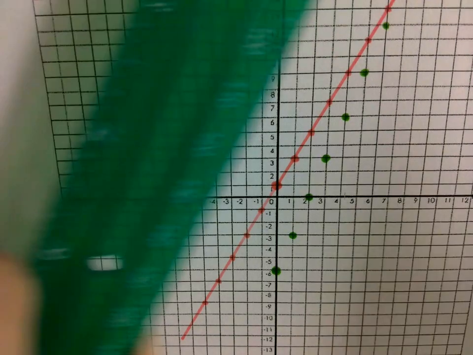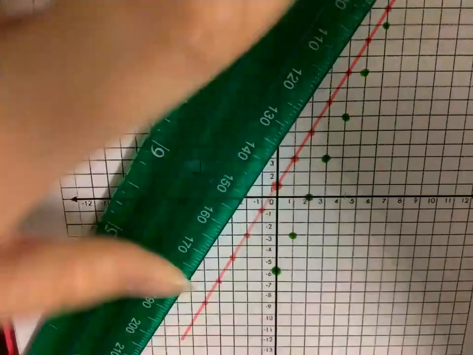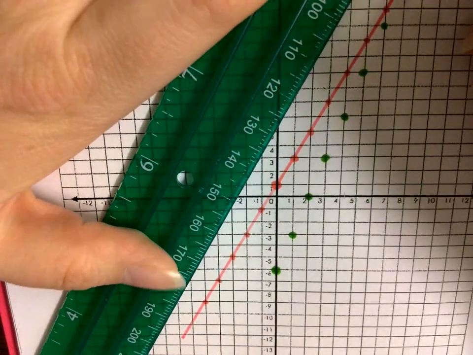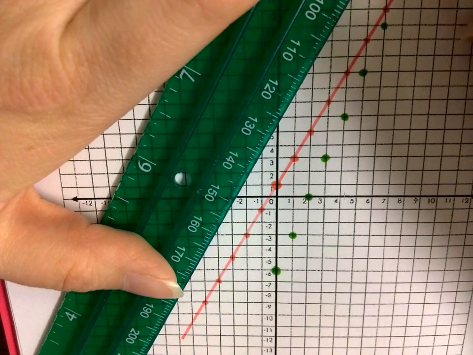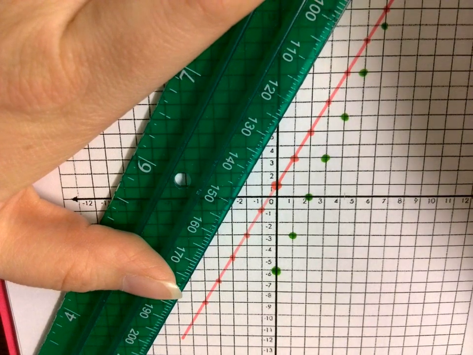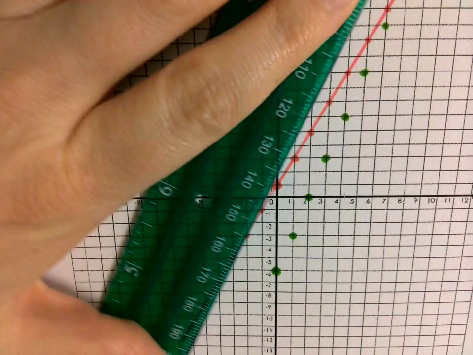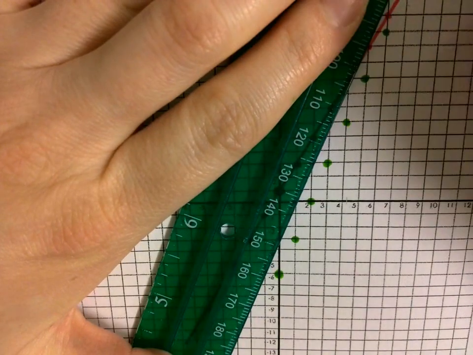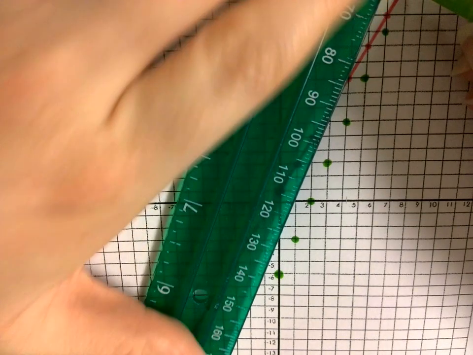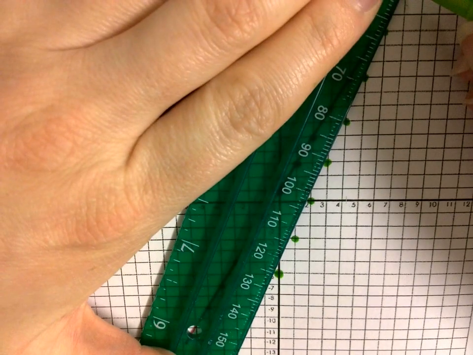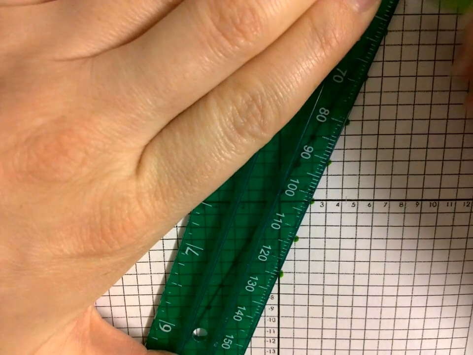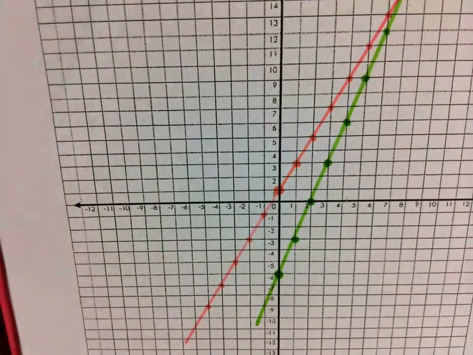So again, if I were to continue my pink line, and then graph my green line, it is going to connect. Okay, so it is a lot.